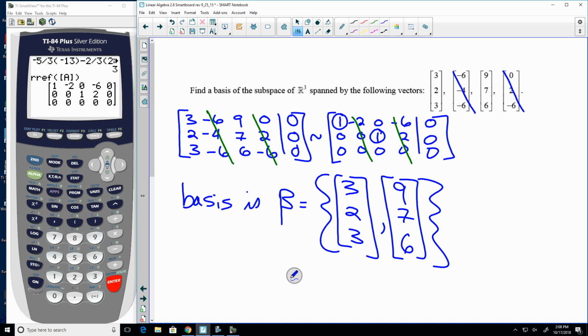Okay. In fact, if I cut out, we already know the second one is a multiple of the first, right? So we can throw out that one for sure. If I leave the last vector in there, and I row reduce, so it's augmented here, then if I multiply the first one by -6 and the second one by 2, I get the last one.